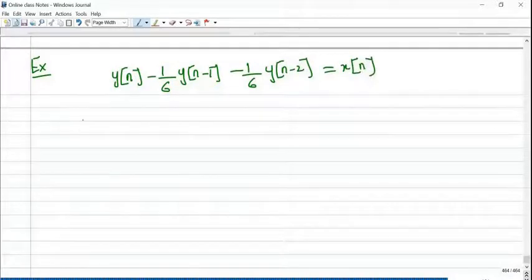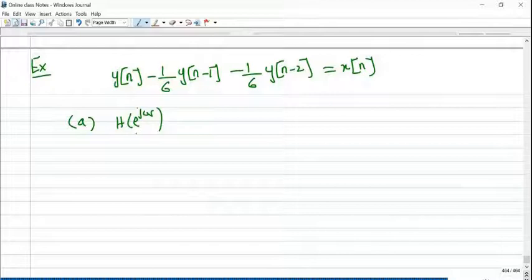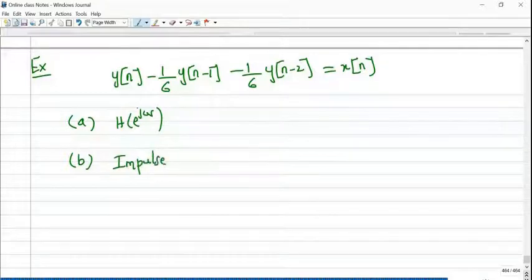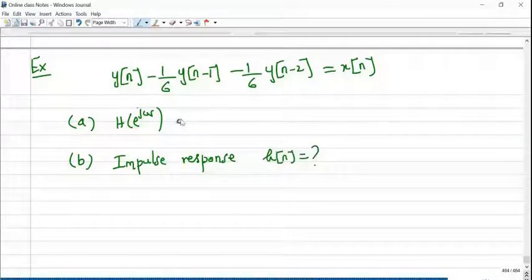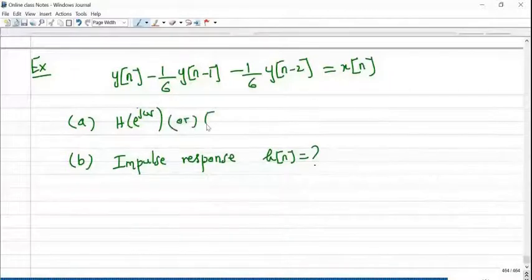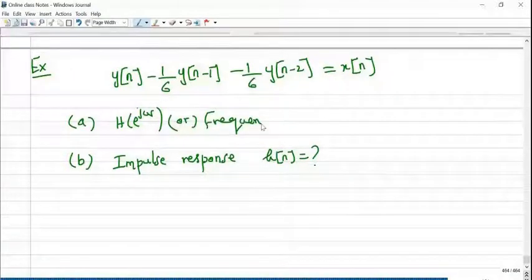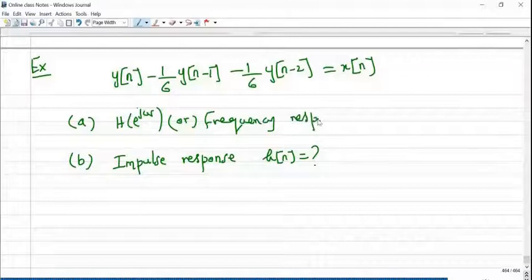Determine the frequency response, H of e power j omega. Determine the impulse response, meaning what is h of n?